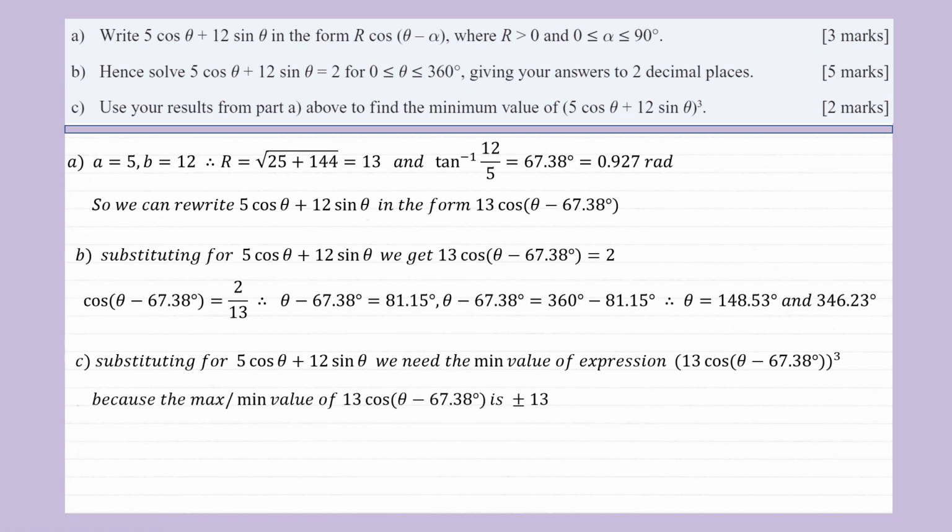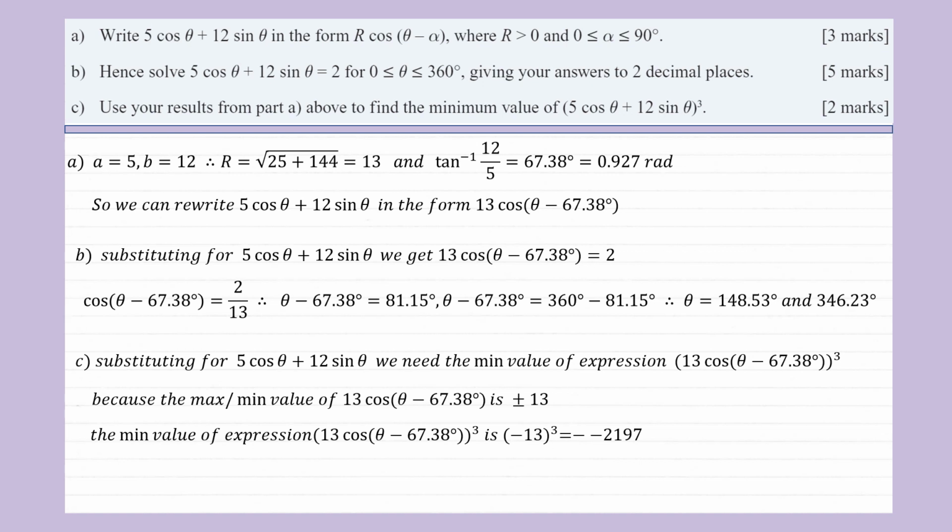Now, because the maximum value of the inner part of this expression, 13 cos of theta minus 67.38, is plus 13 and its minimum value is minus 13, to find the minimum value we choose minus 13, when that function becomes minus 13.